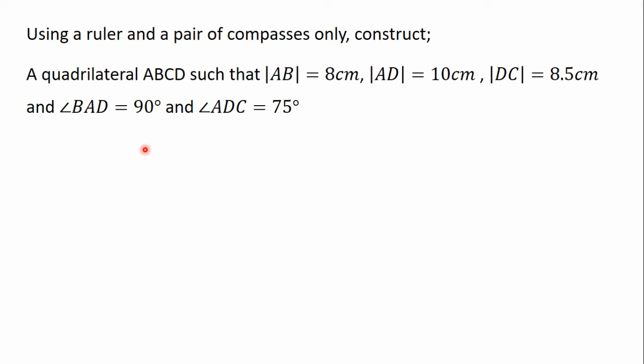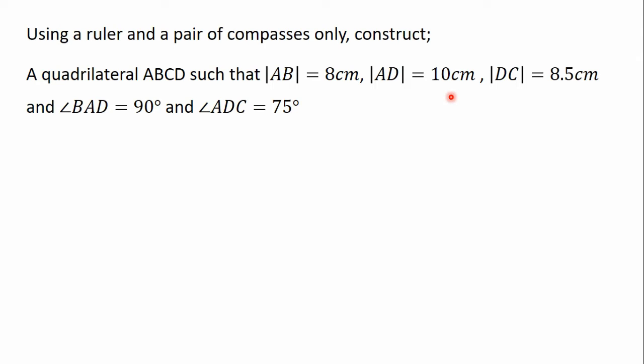We have also been given two angles, angle BAD, which means that the angle will fall on point A, and angle ADC, which means that the angle will fall on point D. So the first angle falls on point A, and the second angle falls on point D. Because of this, I'm going to choose the side AD as the base, because when I choose the side AD as the base, I can easily construct angle BAD on point A and angle ADC on point D. So the side AD with length 10 centimeters is going to be my base.